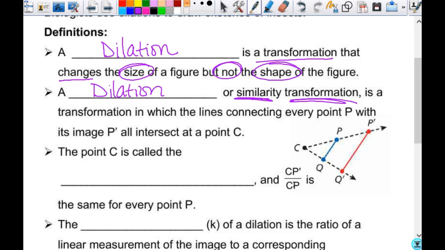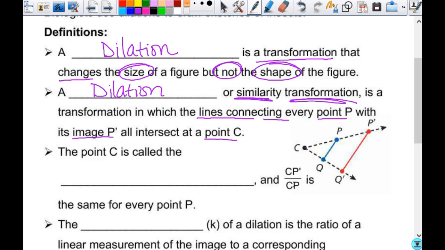So it is a similarity transformation in which the lines connecting every point P with its image P prime all intersect at point C. So here's what that means. If I have this line segment PQ right here, and I'm going to dilate it, and it becomes P prime Q prime, right? Then C is what's called my center of dilation.